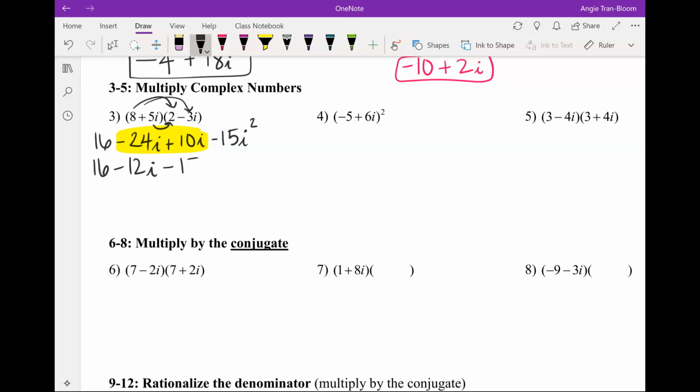Now here's the part where you may not keep i squared. What's i squared? Negative 1. You have to simplify i squared. Well, what's negative 15 times negative 1? Ah, okay. So that's going to be a positive 15, isn't it? Can I box that up? No, because 16 is a real number.